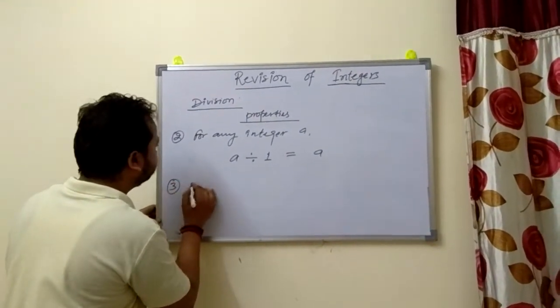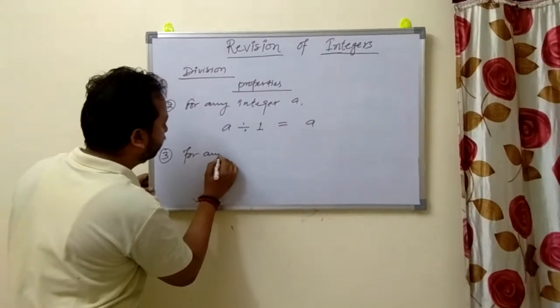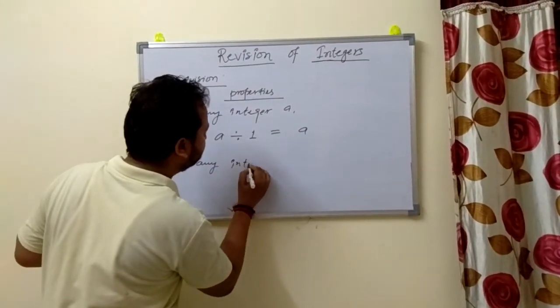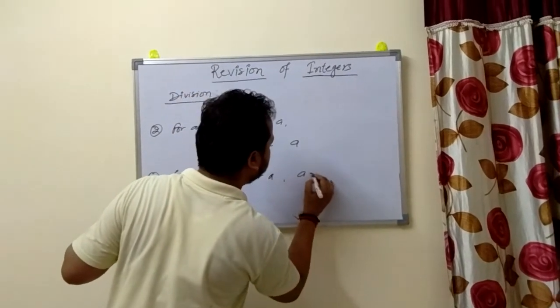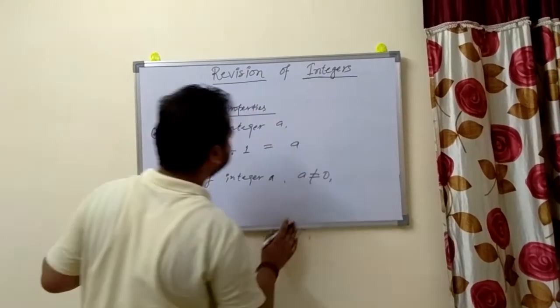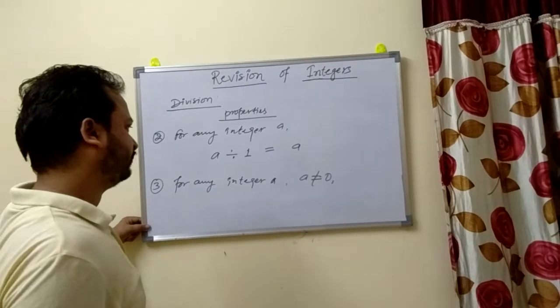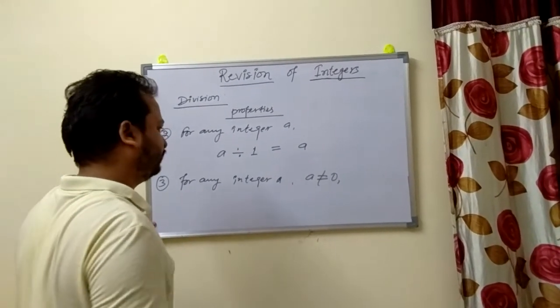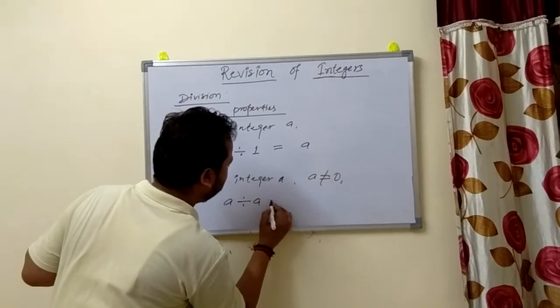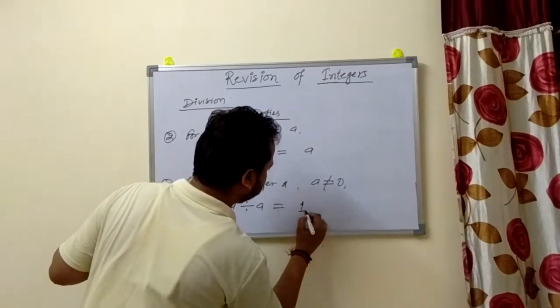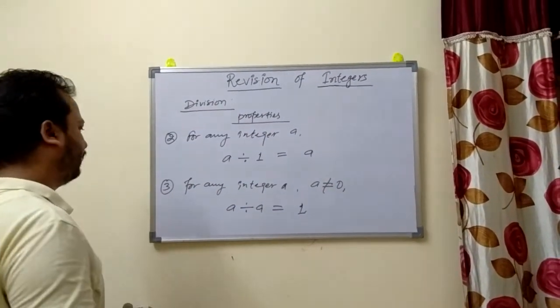Third property, for any integer a and a is not equal to 0, a divided by a equals 1.